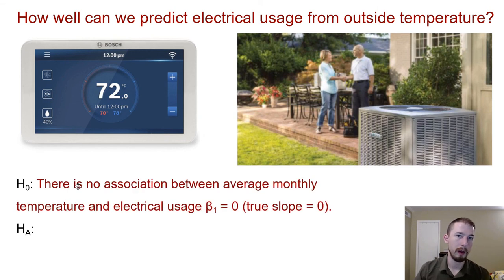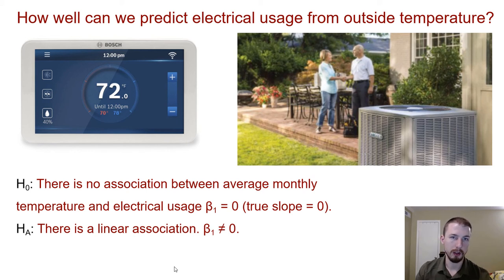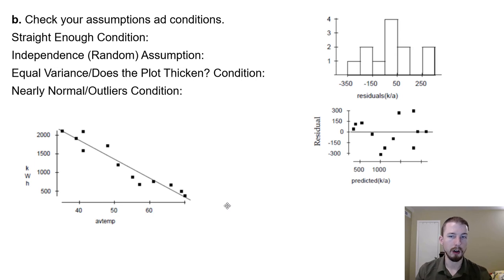The alternative hypothesis would be that there is a linear association between the two, meaning that the true slope is not equal to 0. If there was no association, then the true slope would be equal to 0, meaning as we increase in temperature, that does not change our prediction for the cost. We would just estimate the mean cost, regardless of what the temperature is, meaning the true slope is actually 0. So let's check our assumptions and conditions.